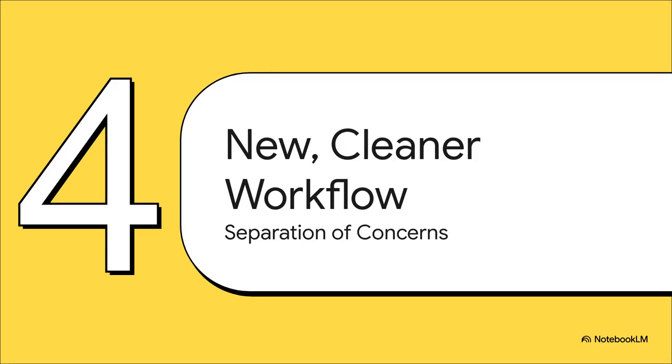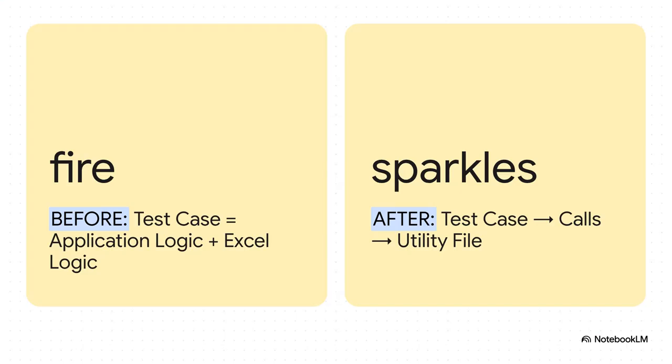Okay, so we have this toolkit. How does that actually change our day-to-day workflow? How does it make our tests cleaner? Well, check this out. This is the transformation. On the left, you have the before, that tangled mess of application logic and Excel logic. But after, on the right, your test case has one and only one clean job, testing the application. Anything to do with Excel? It just makes a simple call to the utility file.